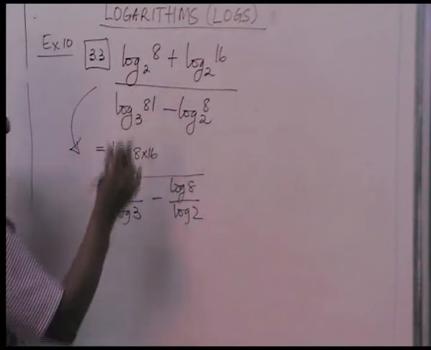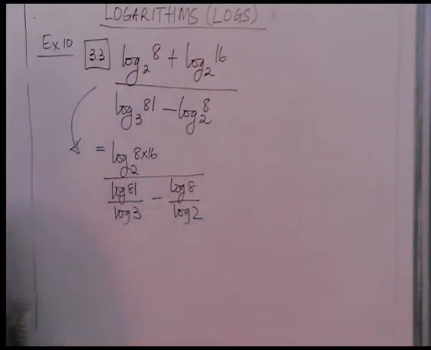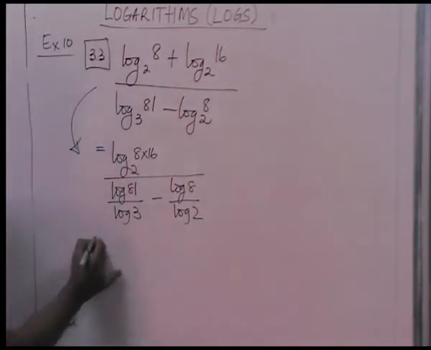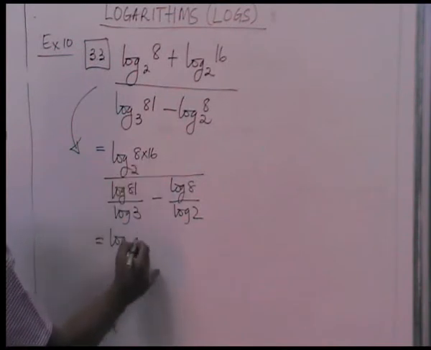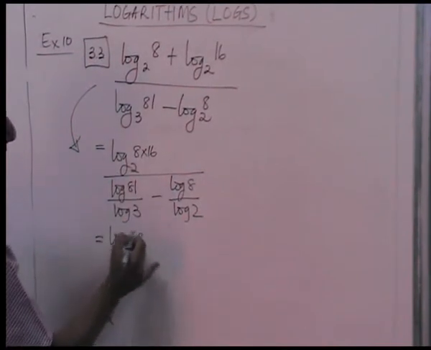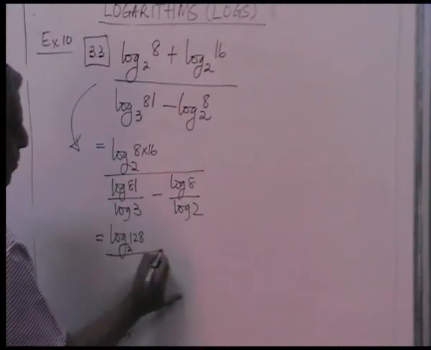Because if I change the base here and there, I'll get those answers and I can subtract them. So the numerator becomes log of 128 to the base 2, all over.